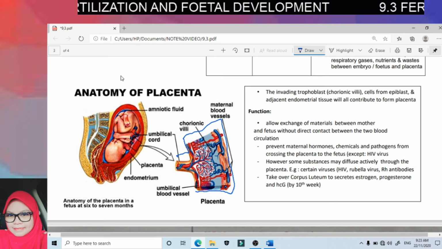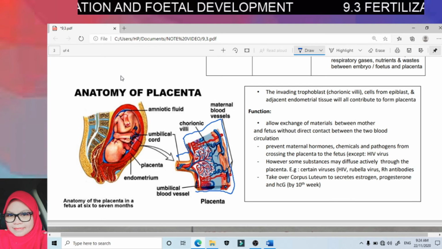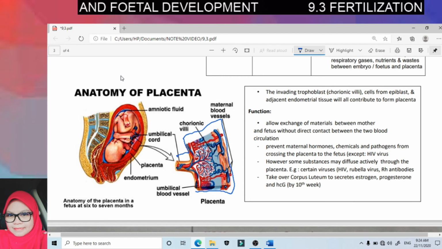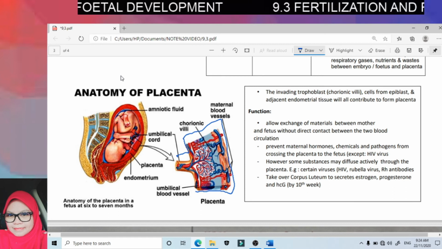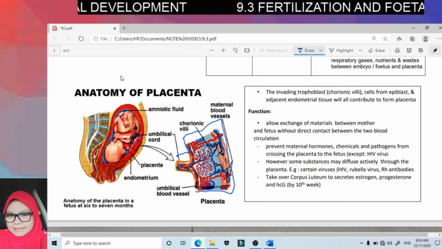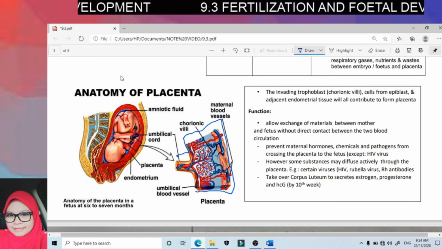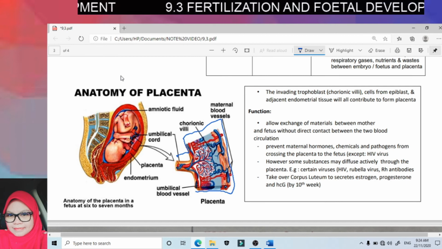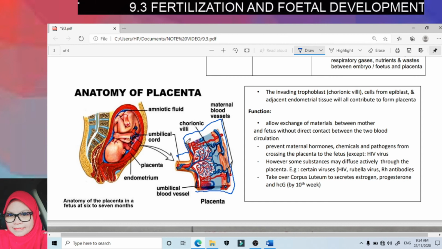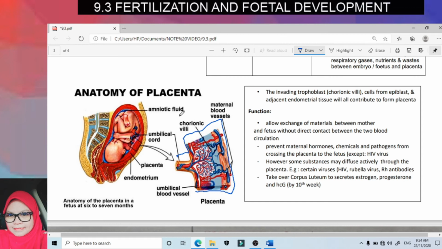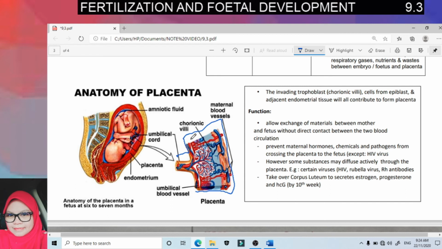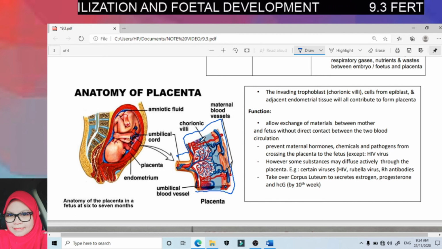After the trophoblast forms the chorion and then finally develops into placenta, the placenta will take the job to secrete the estrogen, progesterone together with the HCG hormone. Usually the placenta will fully develop by week 10.